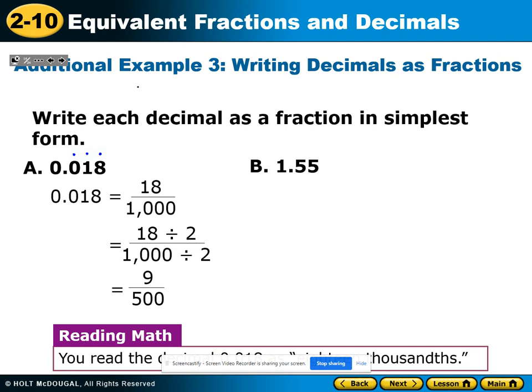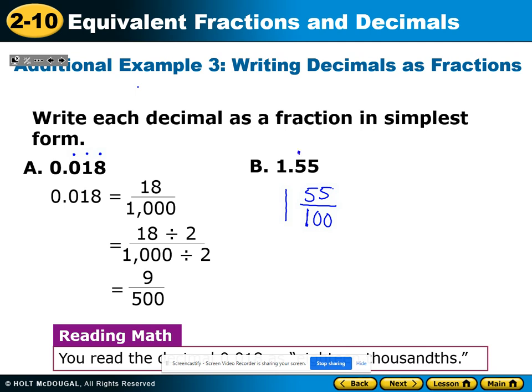Yes, this one. 1 and 55 hundredths. Hundredths, you put it over 100.